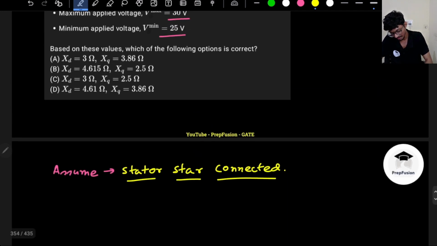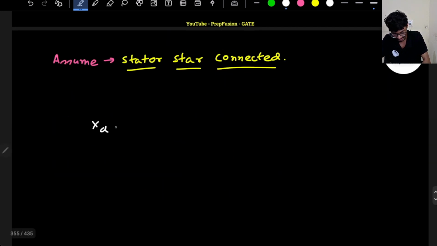If your stator is star connected, I have to find out Xd. Remember, we have already discussed that Xd is generally higher than Xq.